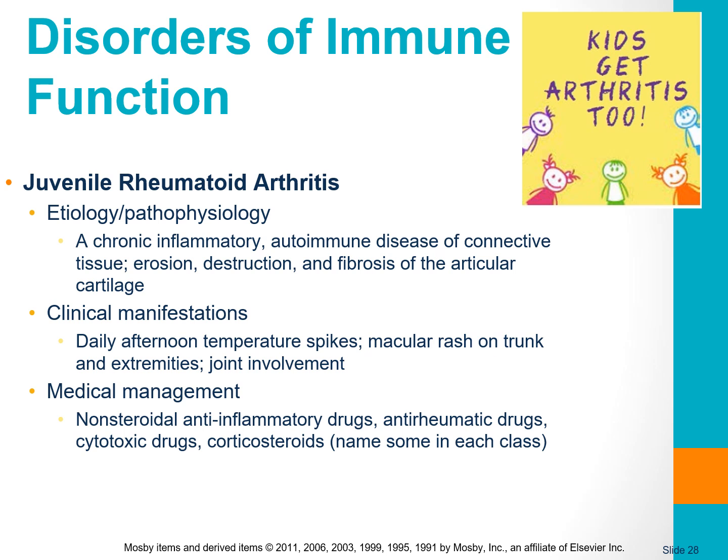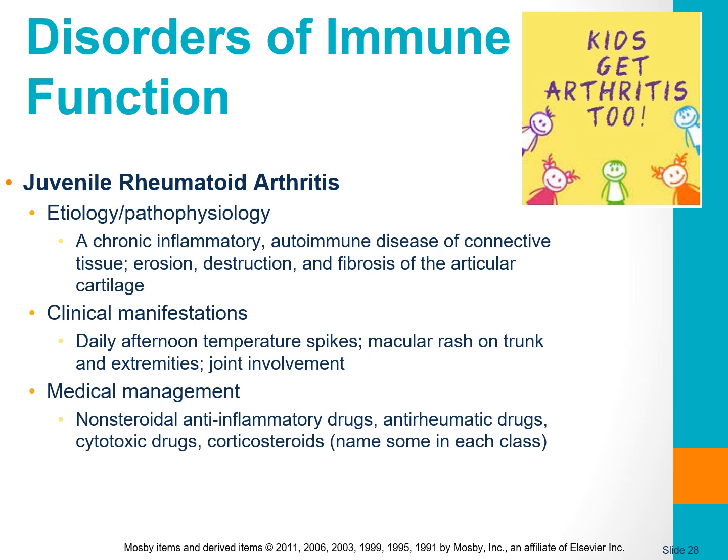Okay. Another immune system disorder is JRA, or juvenile rheumatoid arthritis. This affects girls twice as much as it does boys. What is it? It's a chronic inflammatory or autoimmune disease process that affects the connective tissue. It erodes, destructs, and breaks down the cartilage in the joints.